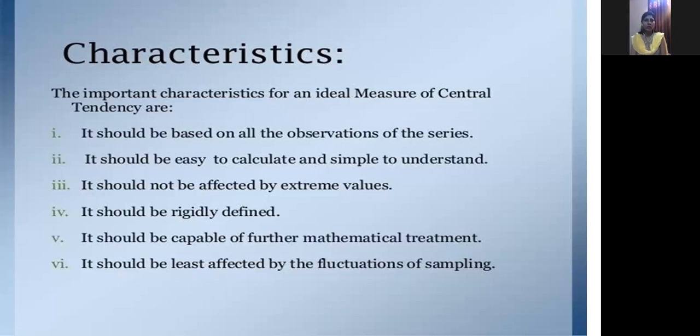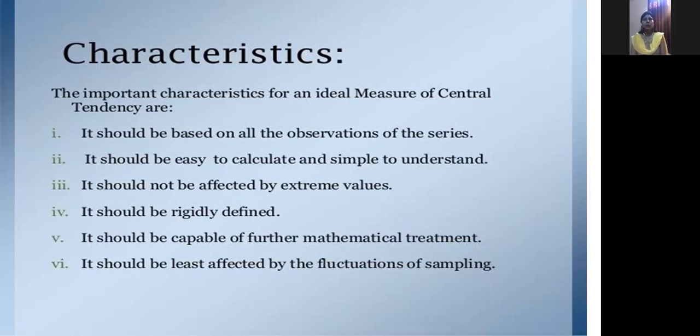It must be easy and simple to understand. Its calculation is not so hard or complex. It should not be affected by extreme values. It should be rigid, or in a definite manner. That means it must be easy to define an average.